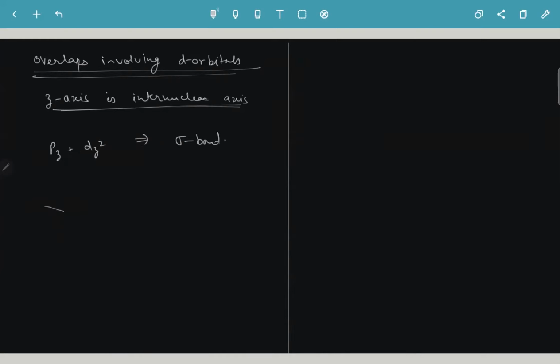Let me draw a little. The dz square orbital looks something like this. They should be in the same phase. It results in a sigma bond. Is it making sense?